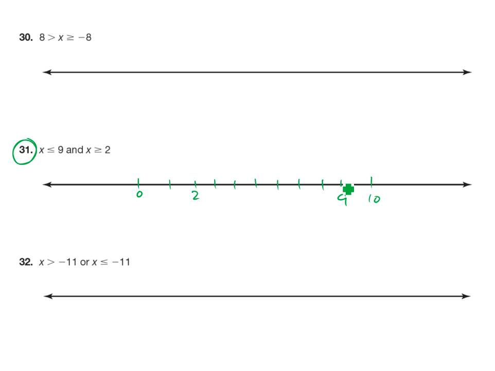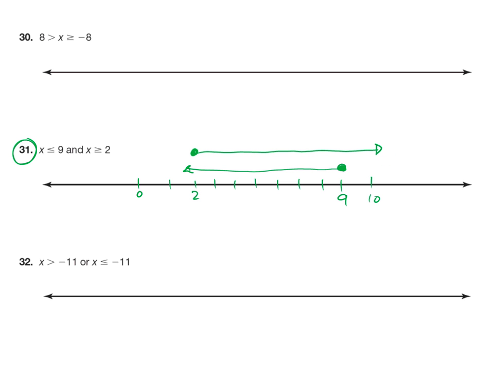X's are less than or equal to 9, so I've got a closed boundary point, and it's those things that are less than that. And the other one is x's are greater than or equal to 2, so again a closed boundary point here, and it's those things that go this direction, right?